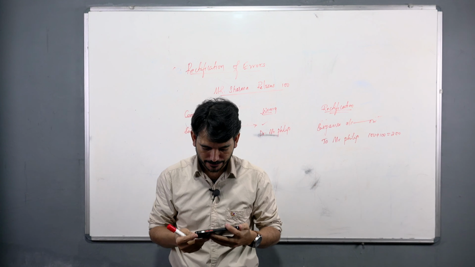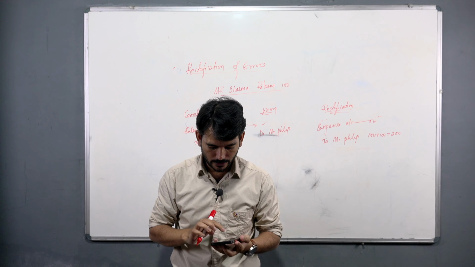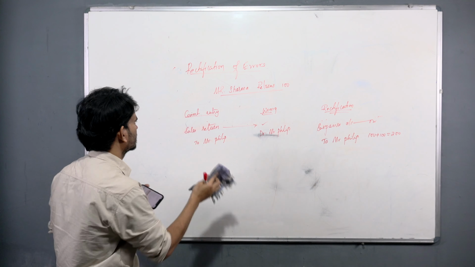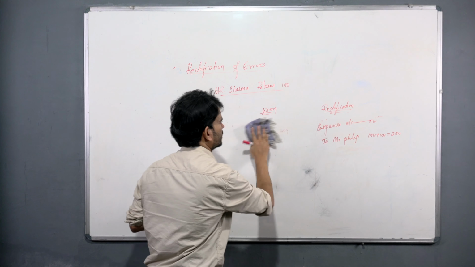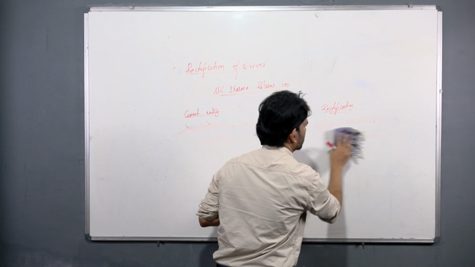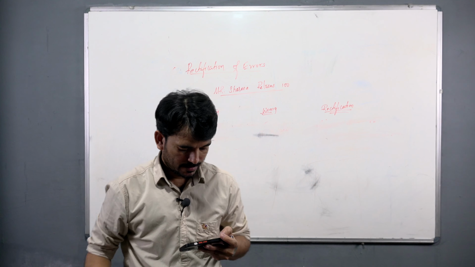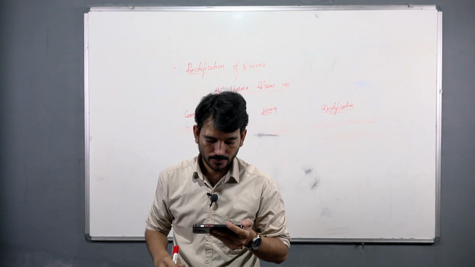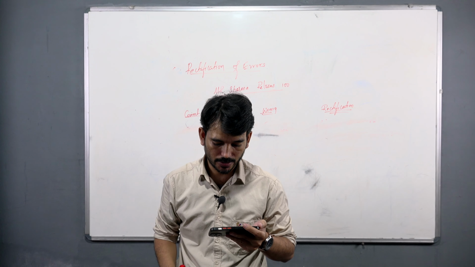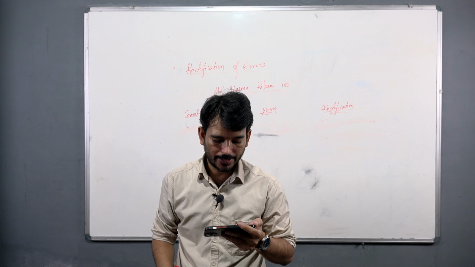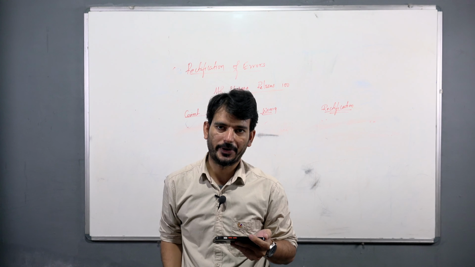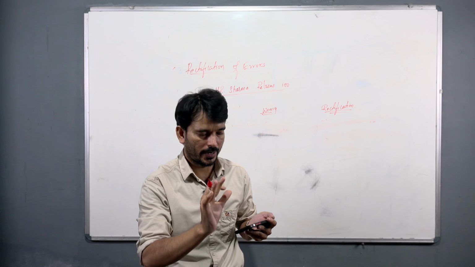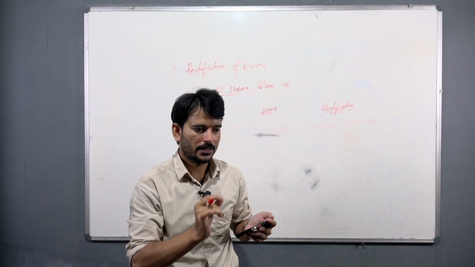We'll go to the third entry. A sale of 200 made to Mr. Gansham was correctly entered in the sales day book, but wrongly posted to the debit of Mr. Radhesham 20. So here the entry is, we made a sale of 200. So what should have been the entry?